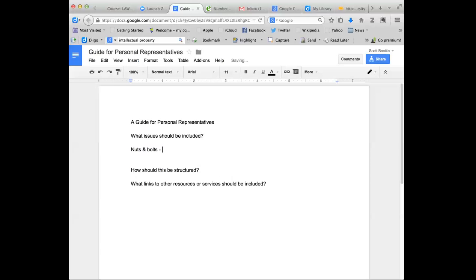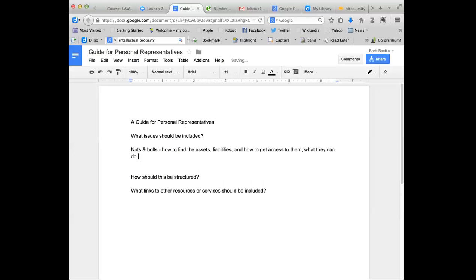So they need to know how to find the assets, liabilities, and how to get access to them, what they can do with them. So there's a real practical level, which is why I said nuts and bolts.